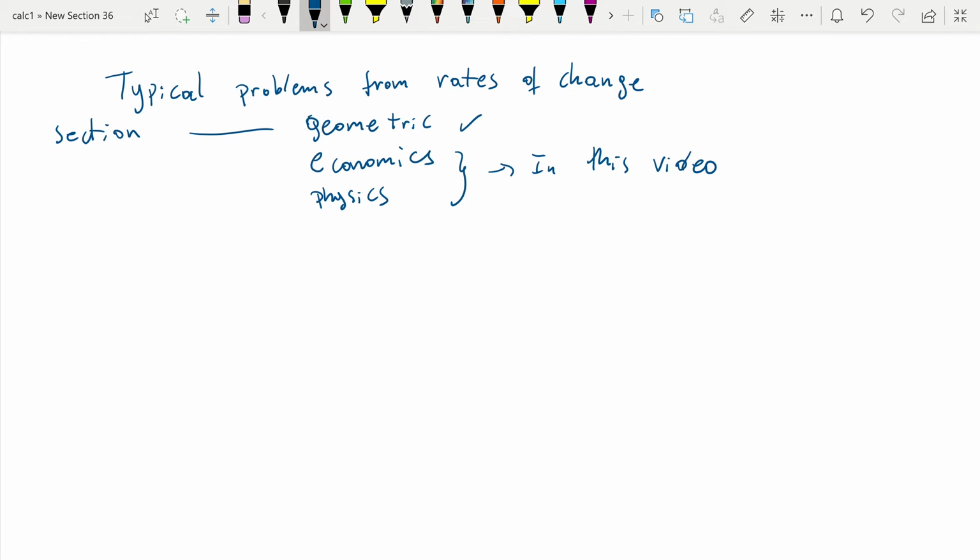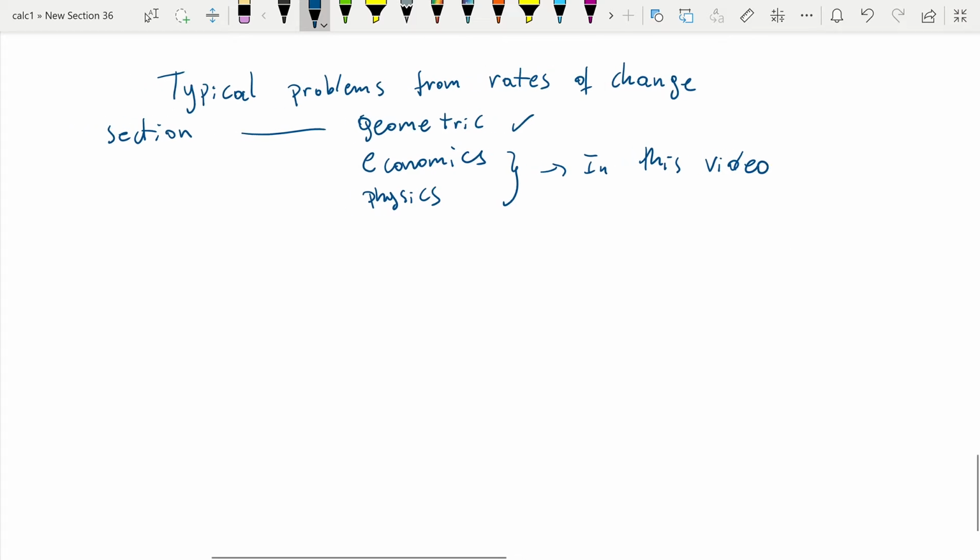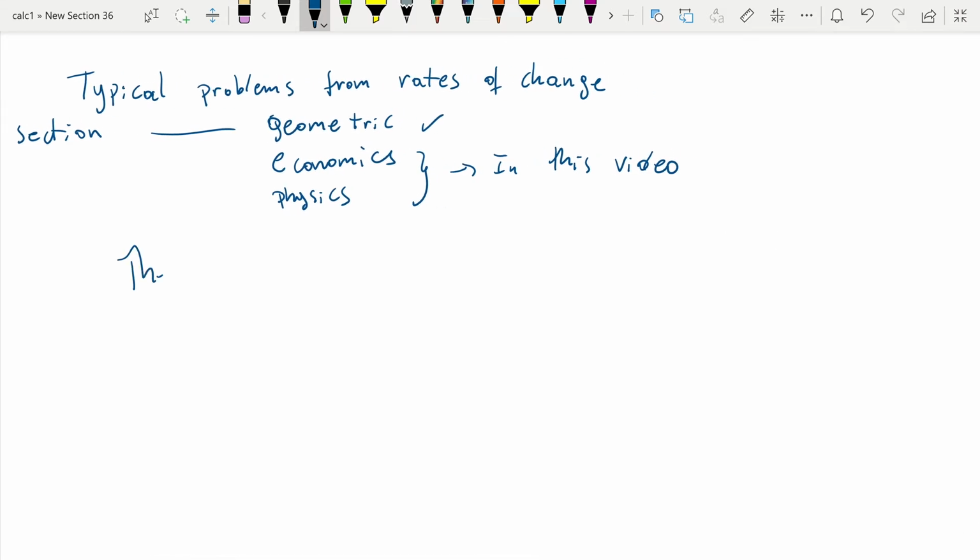Now for the next example, this is an example that does not make a lot of sense from the point of view of mathematics, but it is very used in economics.